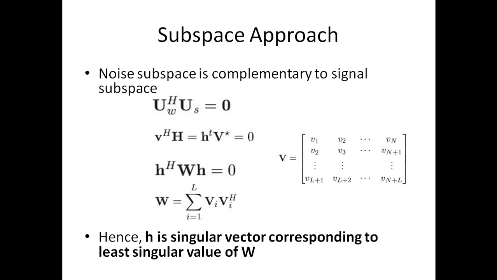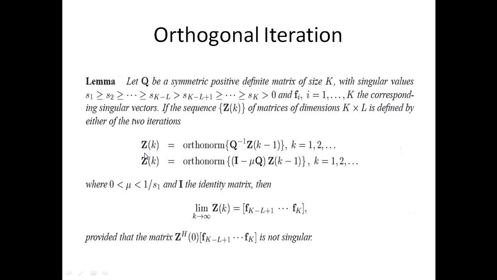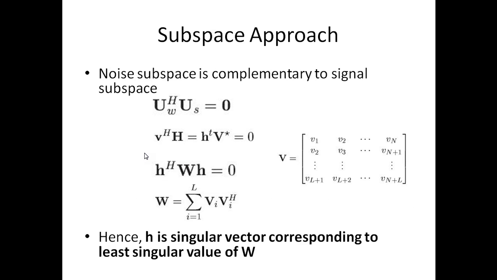So considering V belongs to the noise subspace, we will have V Hermitian times H equal to 0. Now because R is Hermitian, we can write it as H transpose times V conjugate being equal to 0.